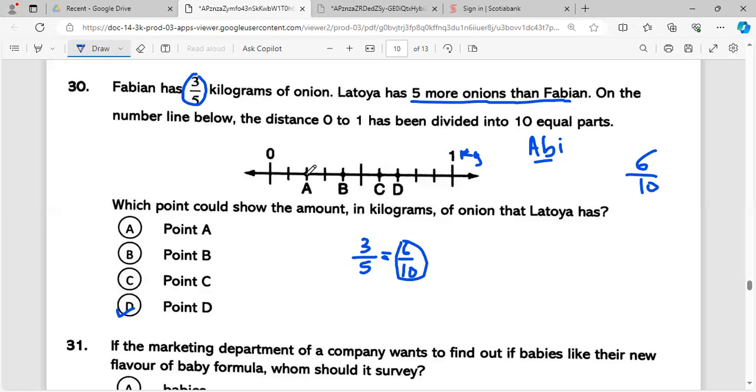So you have 1, 2, 3, 4, 5, 6, 7, 8, 9, 10. So this is 10. Everybody see that? It's 10 strokes. What the examiner did, they didn't give you in tenths. They gave you 3/5.